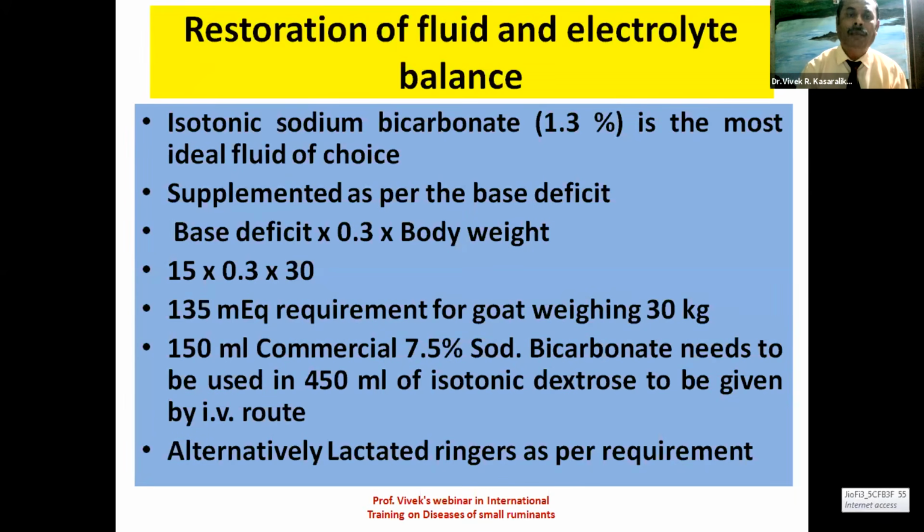So when you calculate 15 into 0.3 into 30, 135 milliequivalent is required by a goat weighing about 30 kg. So the simple commercial formula is 150 ml of commercial 7.5% sodium bicarbonate solution needs to be used in isotonic dextrose.